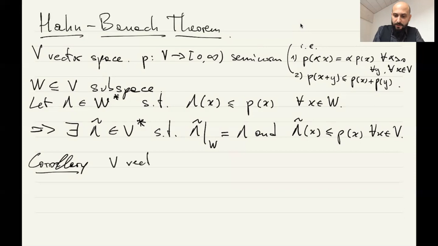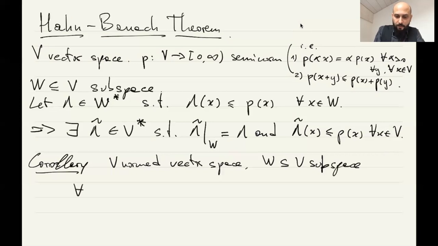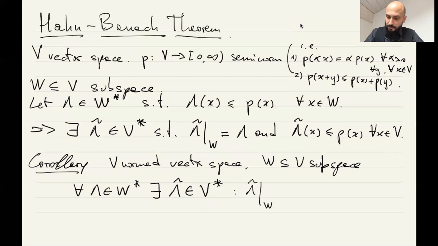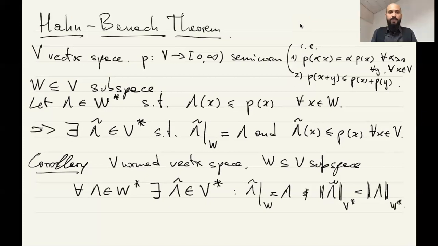If you have a normed vector space V and a subspace W, then for all lambda in W star, there exists lambda tilde in V star such that lambda tilde restricted to W is lambda, and the norm of lambda tilde as an element of V star is equal to the norm of lambda as an element of W star. This is what we used before.